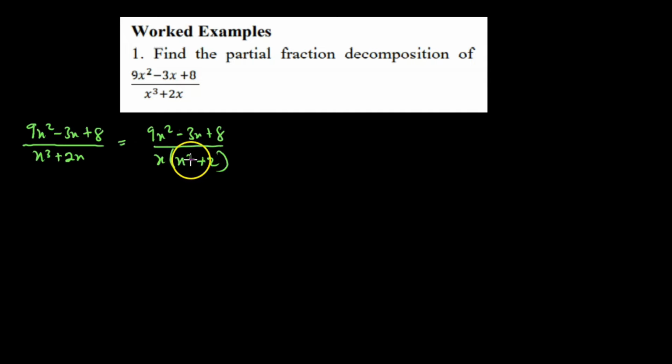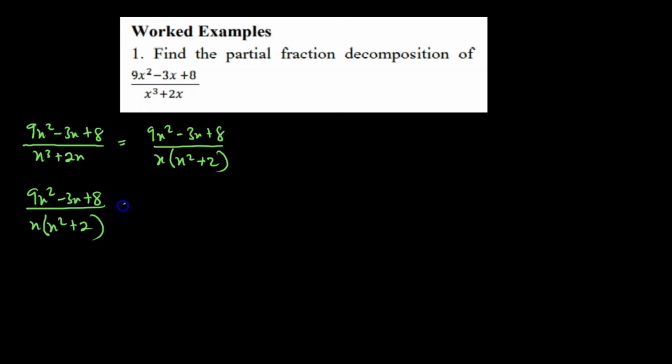I cannot split x squared plus 2 into any further linear factors. So before I go further, I needed to check whether the highest exponent of the variable x in the numerator was lesser than that of the denominator, and truly it's lesser, so I can go further to write a partial fraction for it.